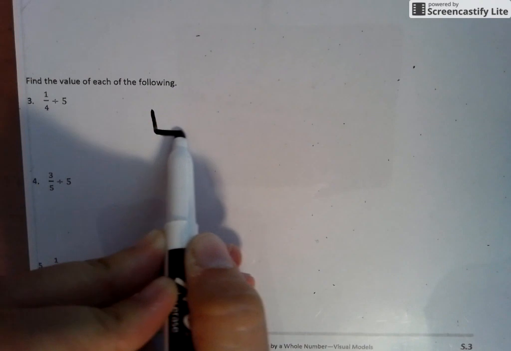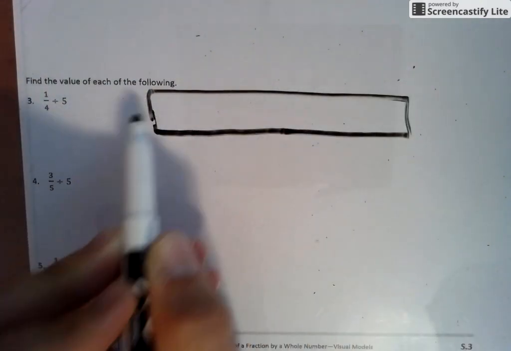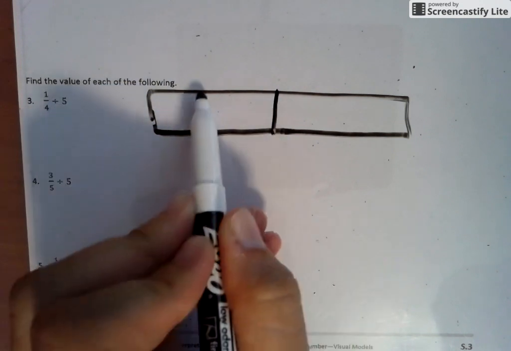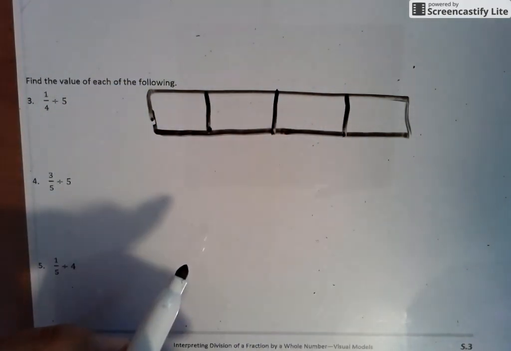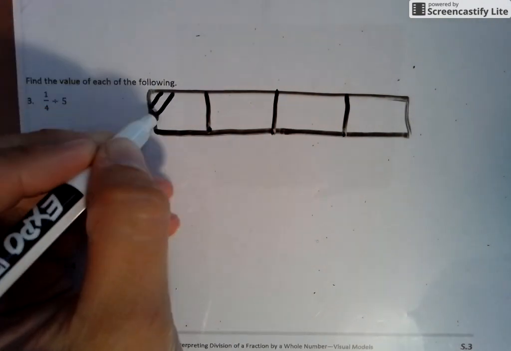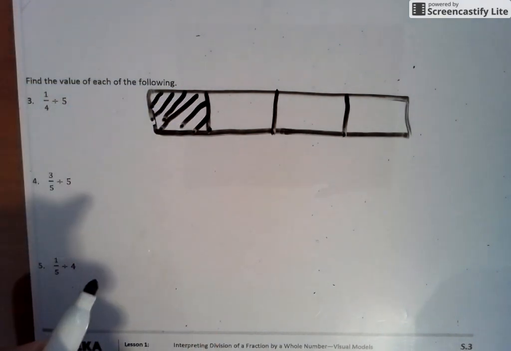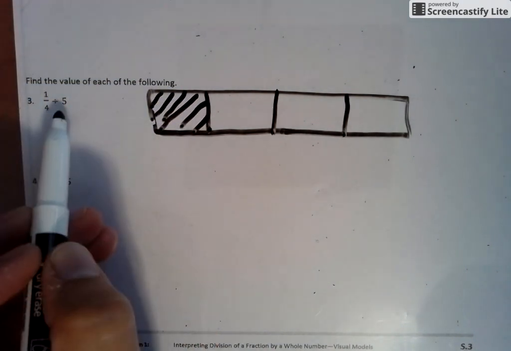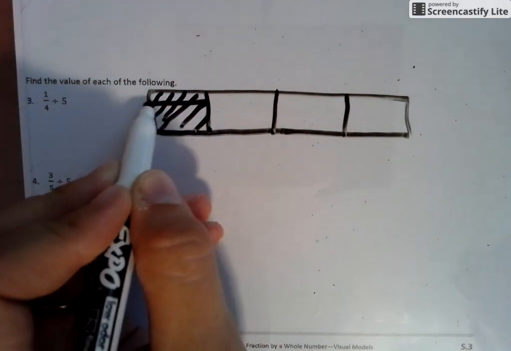So the denominator of the first fraction shows how many parts that we're going to have to split that tape diagram into. So we're going to split it into 4 equal parts as close as we can. And then it says fourth. So we're just going to represent this as our first fourth. And that fourth, we got to split into 5 parts.